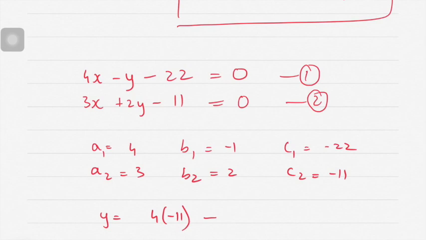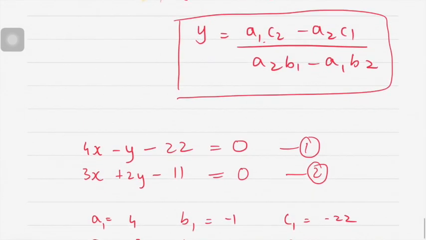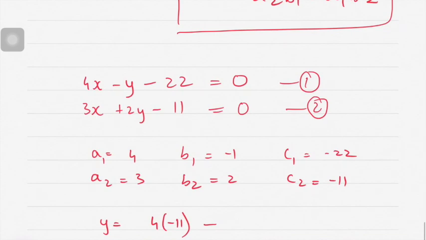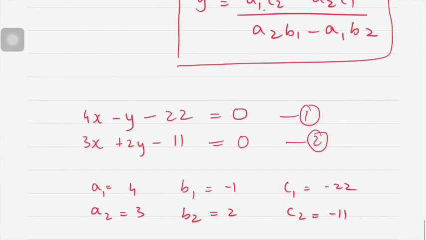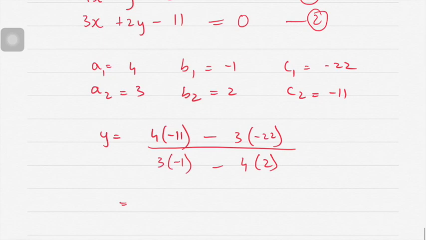A1 is 4 into C2 is minus 11, minus A2 into C1. A2 is 3 into C1, C1 is minus 22. Okay. Divide by A2 into B1. A2 is 3 into B1, B1 is minus 1. Minus A1 into B2. A1 is 4 into B2 is 2.